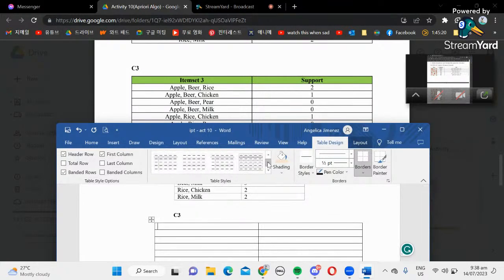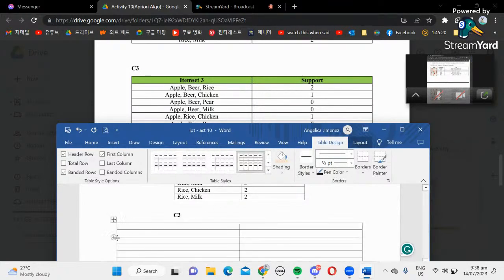And then from your computation, Beethoven, makinig yung iba ha. From your computation, ilan ang greater than 1?